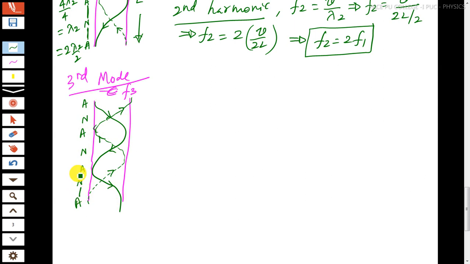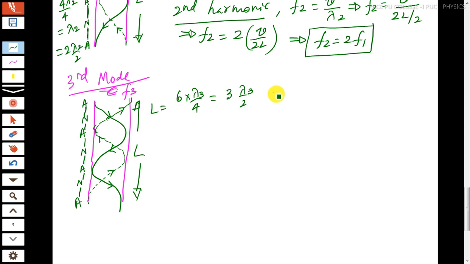So lambda by 4 one time, lambda by 4 two times, 3 times, 4 times, 5 times and 6 times. So 6 times lambda by 4 is definitely equal to 3 times lambda by 2. So this corresponds to the third mode. So I am using the subscript lambda 3. This is my L, the length of the tube.